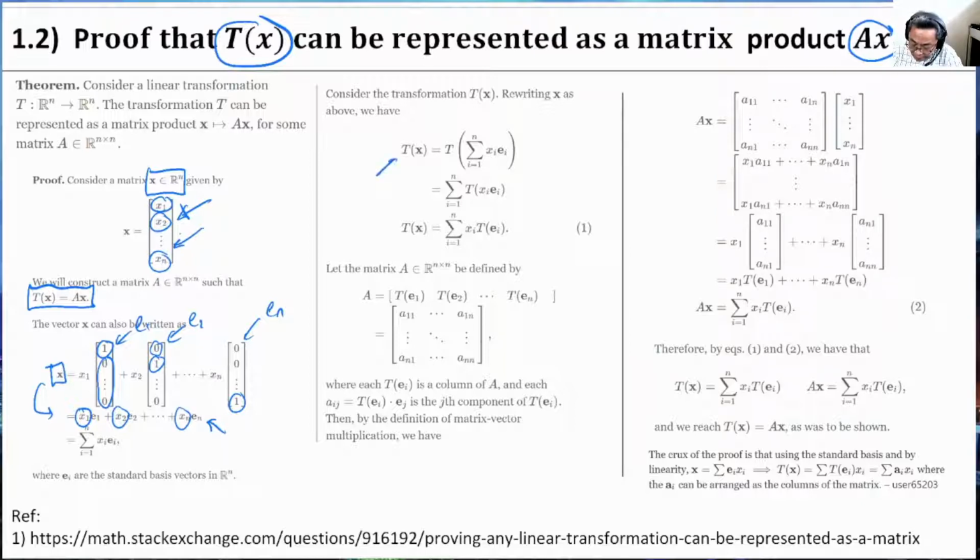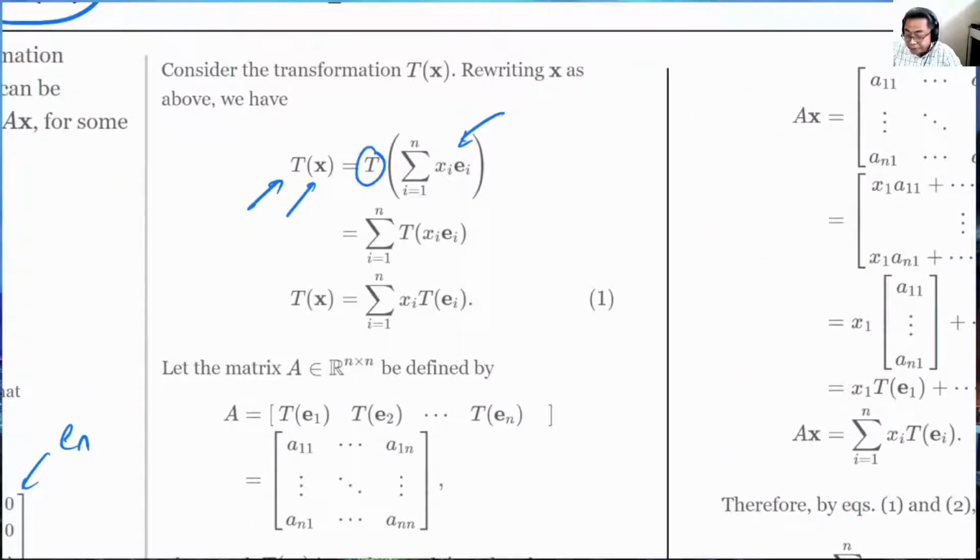Now, because T is linear, whether T acts on the original x or operates on the linear combination, it does not matter, because remember, when a system is linear, this operator can move inside and operate directly on the basis. Now we treat xi as a scalar and we can bring it out. Remember, we are dealing with alpha x, where alpha is the scalar, so it can be alpha T of x.